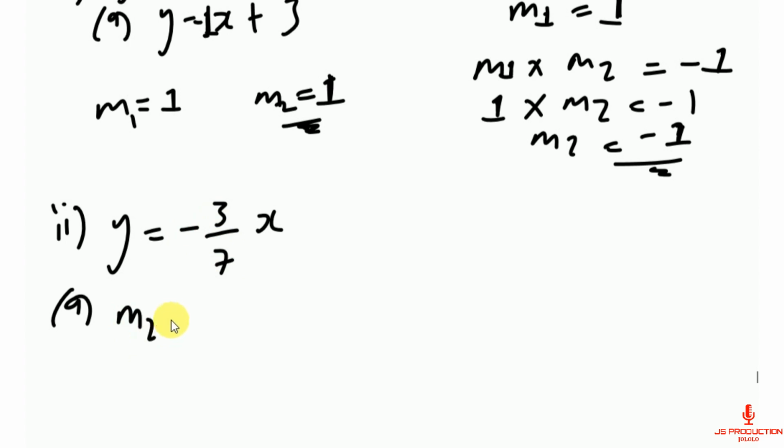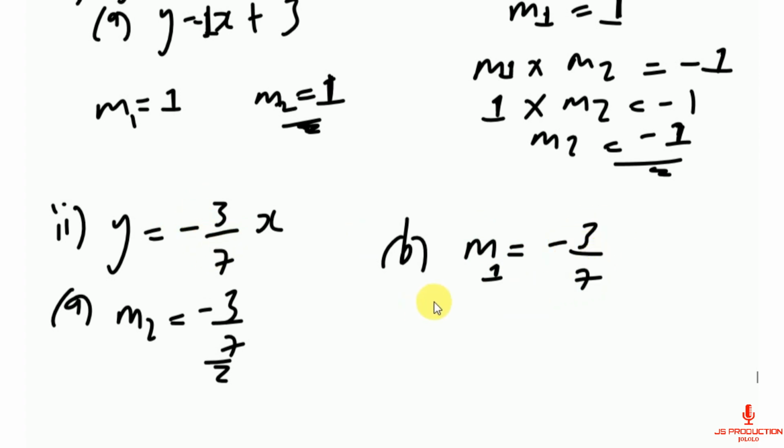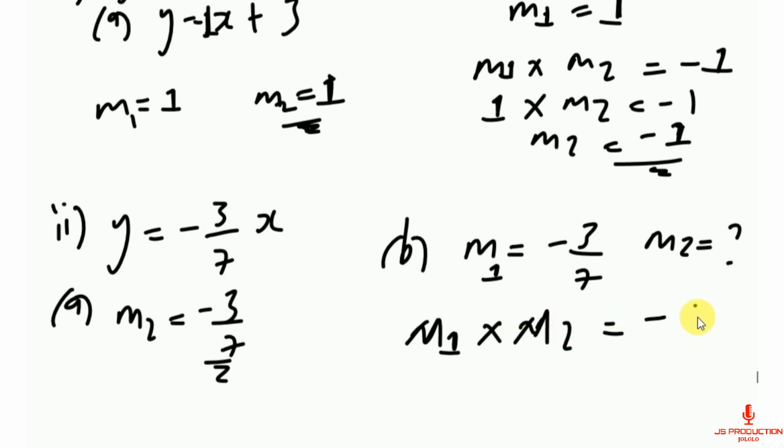So our M2 will be equal to negative 3 over 7 since parallel lines have the same gradient. What about B, the perpendicular line? Since we know that our gradient M1 of this equation is negative 3 over 7, what about M2, which is that of a perpendicular line? We don't know, but we know that the product of M1 and M2 must give you negative 1.